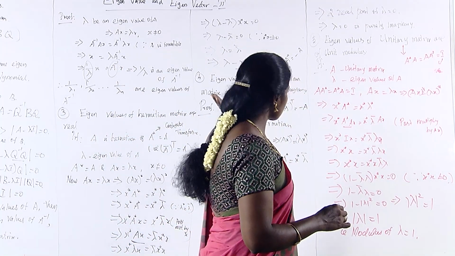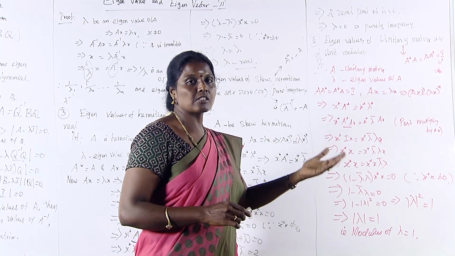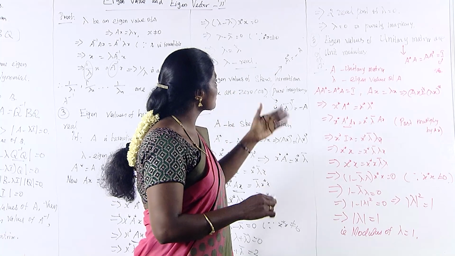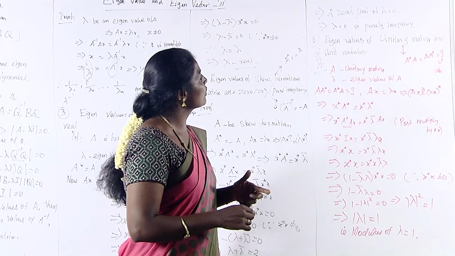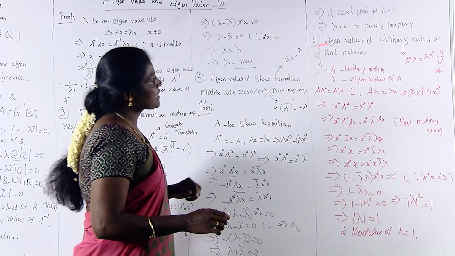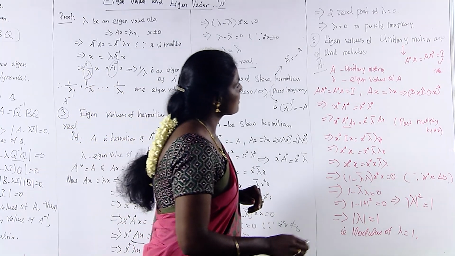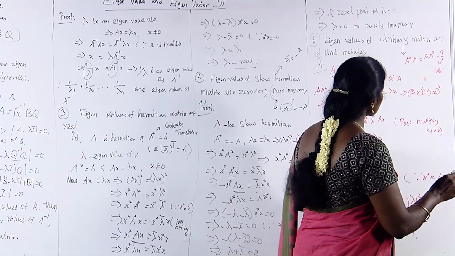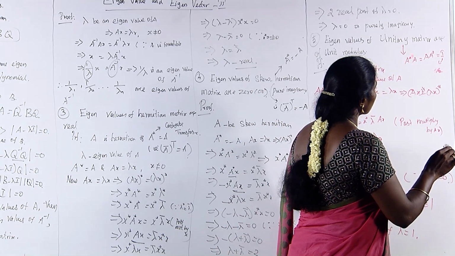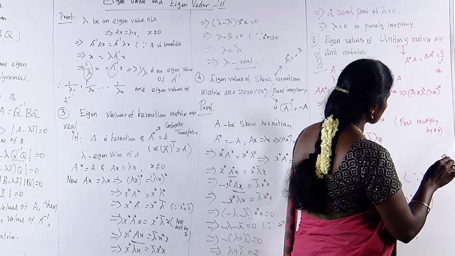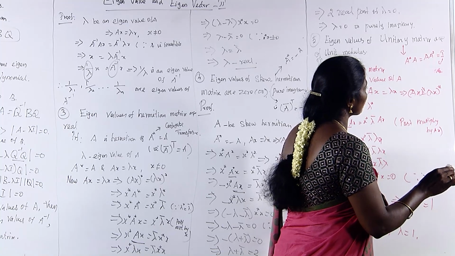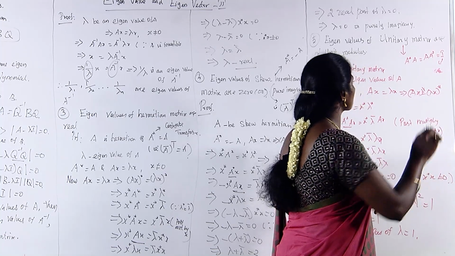Now, in the second theorem, we have shown the eigenvalues of Hermitian matrix, and in the third one we have shown the eigenvalues of skew Hermitian matrix. Now, we are going to show the nature of the eigenvalues of a unitary matrix. This is the definition of a unitary matrix: a matrix A is said to be unitary if A star A equal to A A star equal to I, where star stands for conjugate transpose.